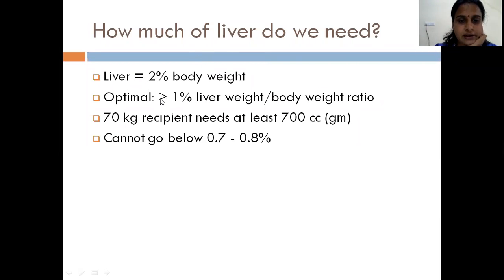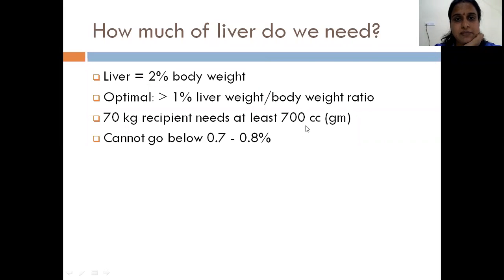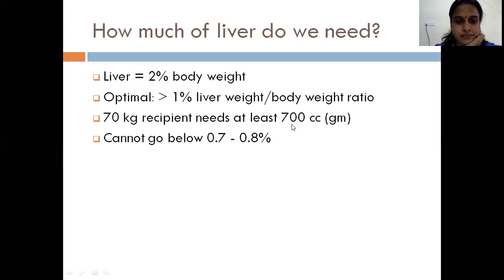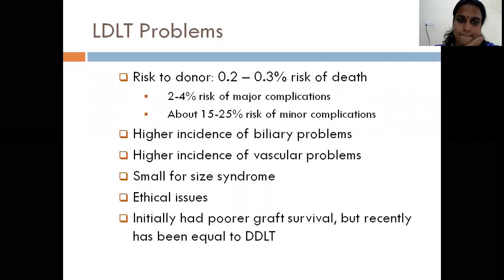That is, a 70 kg recipient will need at least 700 grams of liver. Okay, minimum amount is 700 grams. So it should not go below 0.8 percent. This is the minimum amount of liver that can be transplanted for normal functioning.